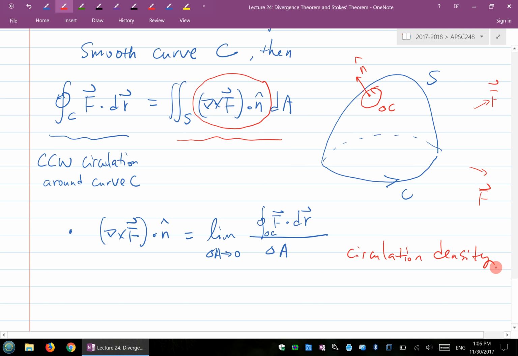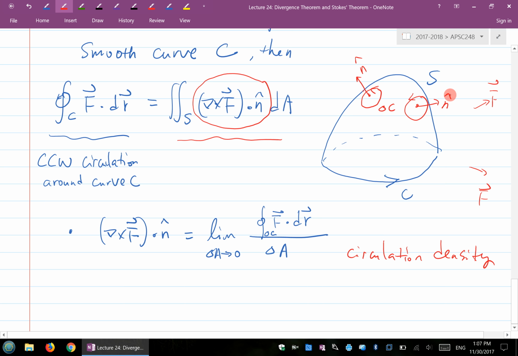So this quantity, del cross F dot n hat, is the circulation density at this location. That makes sense? Similarly, you can pick another location with n hat in this direction, and you can get the circulation density at that location.